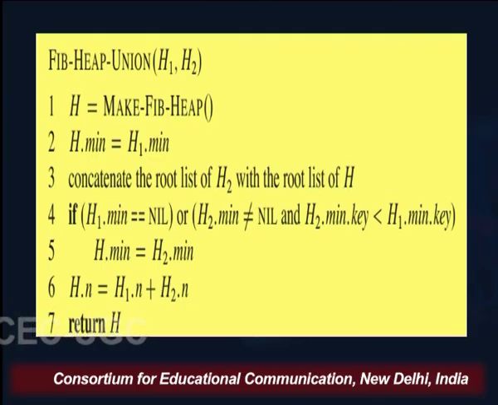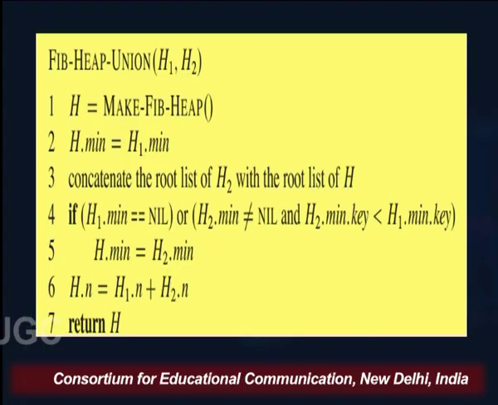Here we have created one H with the help of the make fib heap procedure, that is, to create an empty Fibonacci heap. And now the minimum of this new Fibonacci heap H is assigned as the minimum of H1.